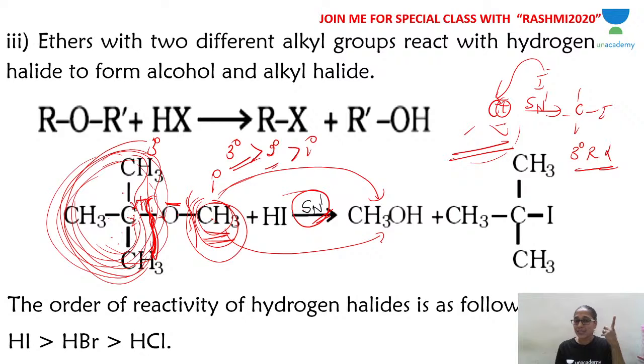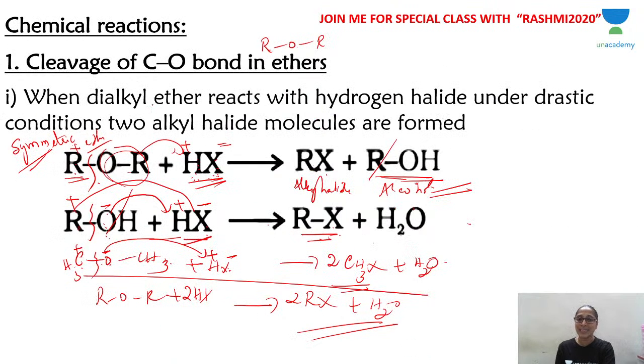And remember, from haloalkanes and haloarenes, tertiary carbocation means which mechanism is followed? SN1. That will form alkyl halide, and the alkoxide ion forms alcohol. That has to be remembered. So, students, the main heading here is C-O bond breakage.